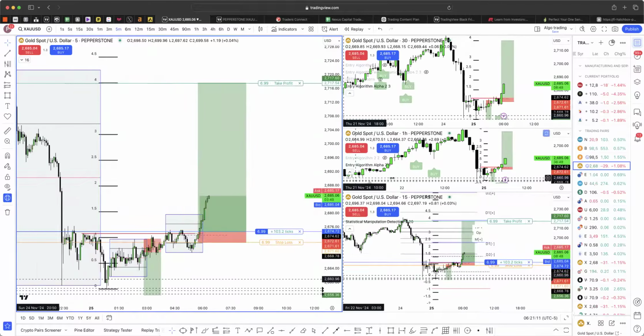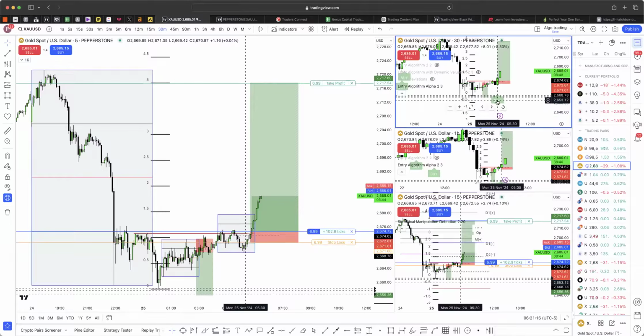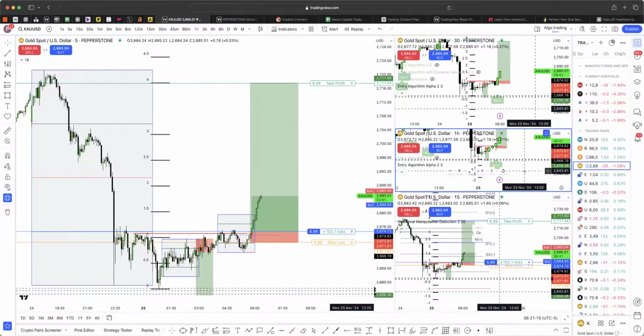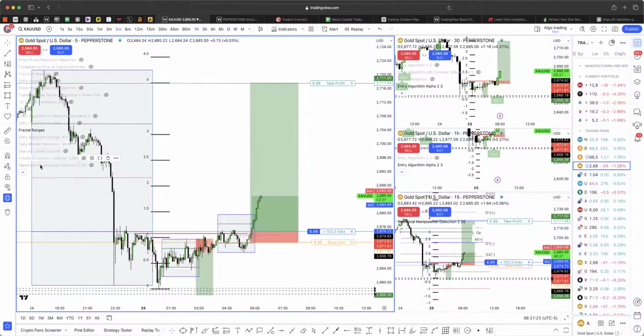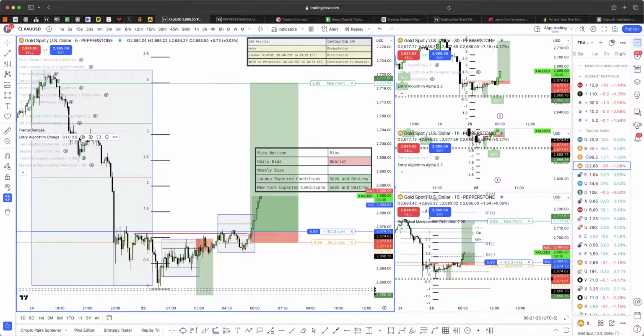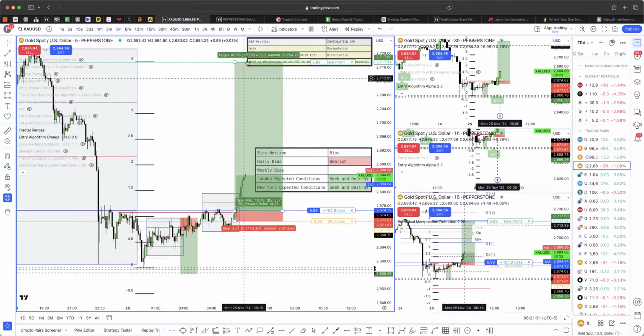And then you can take another thing into consideration. Here you see you have the buy signal, top right corner. You also have the fact that my algorithm is telling you the day is bearish, but it can be a seek and destroy. So I took a seller here. Look, it's going to be a seek and destroy.